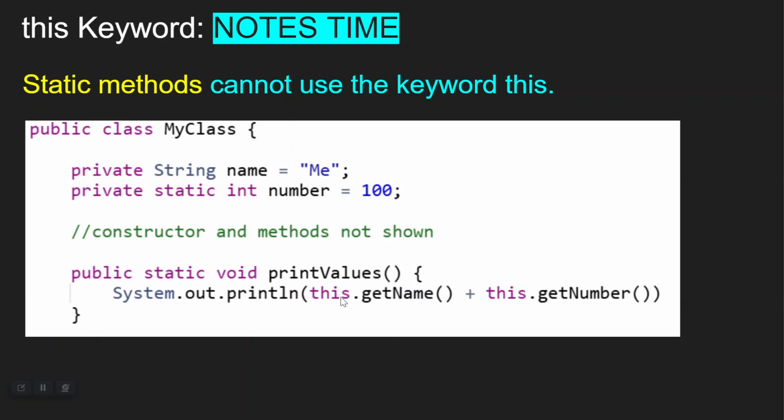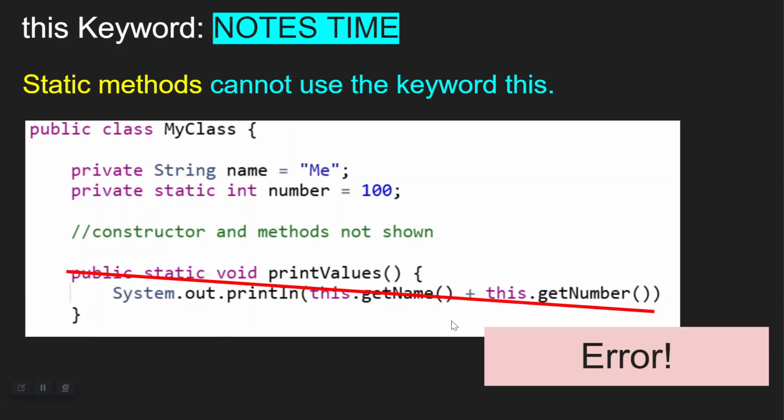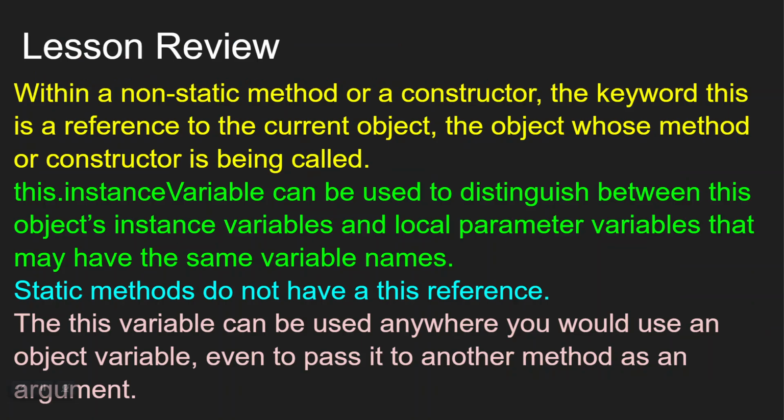They're trying to use the keyword this to call getName and getNumber, but this would cause an error because this is a static method. Static methods cannot contain the keyword this. It's just not allowed because static methods don't get called using an object.